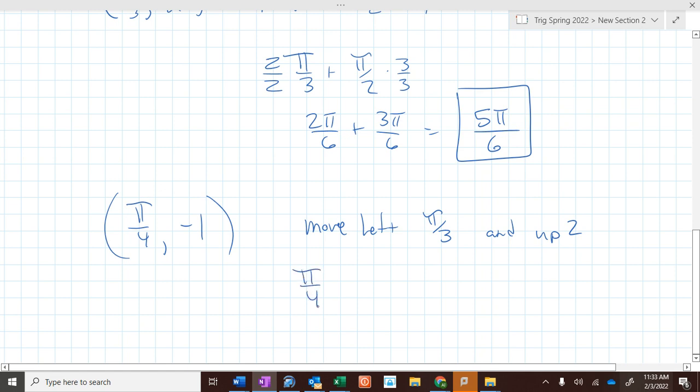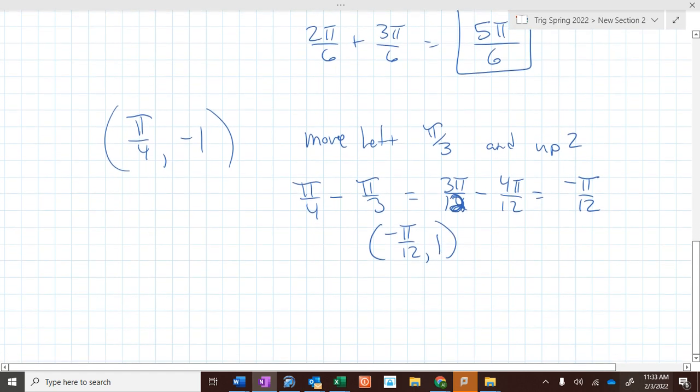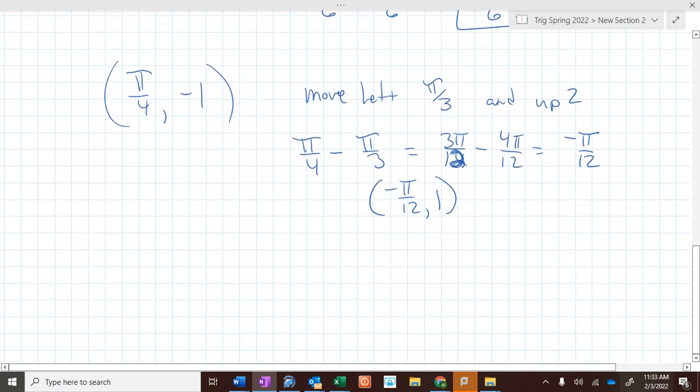So it's pi over 4 minus pi over 3. Common denominator, 12. 3 pi over 12 minus 4 pi over 12 gives me negative pi over 12 for my x value. What's my y value going to be? 1, because negative 1 plus 2 is 1. Okay, so we'll be doing a little bit of that.